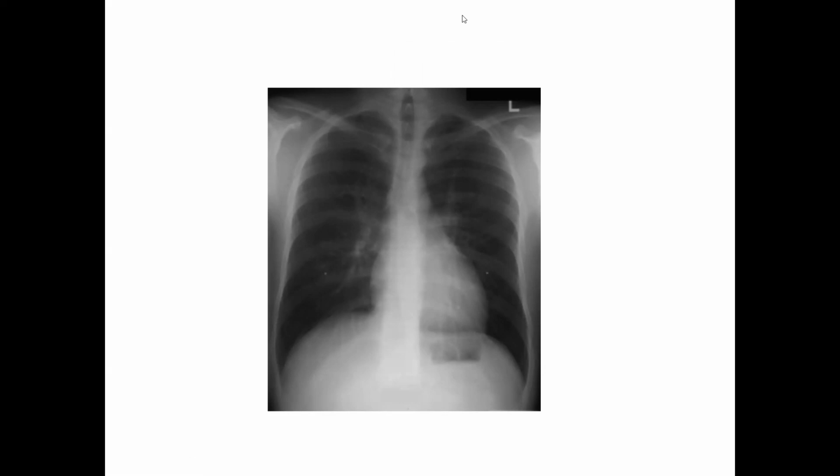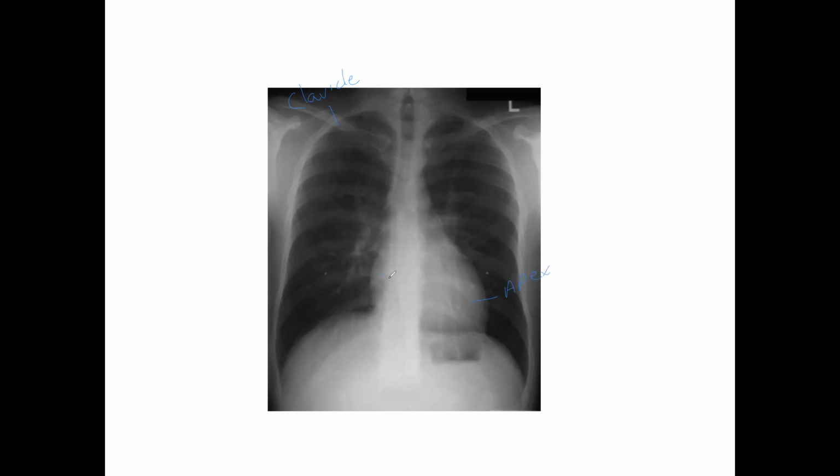So some things that we want to make sure that we can pick out on a chest x-ray. You want to make sure that you can see the clavicle. So I'll put a little line here on the right clavicle. Spinous processes throughout cervical and thoracic vertebrae, you can see that. This is the apex of your heart.